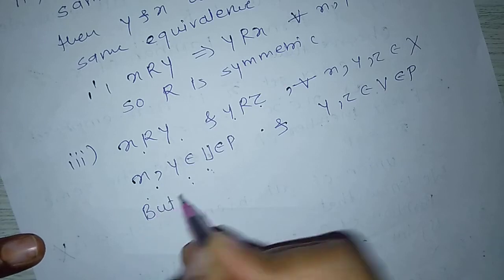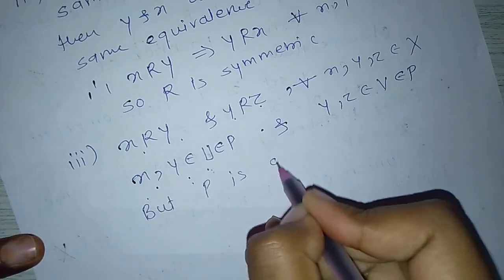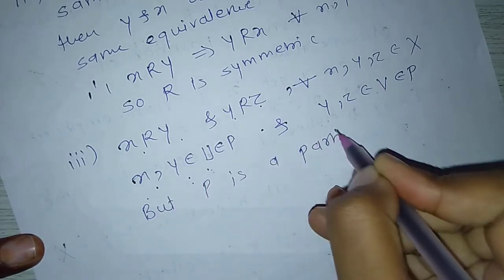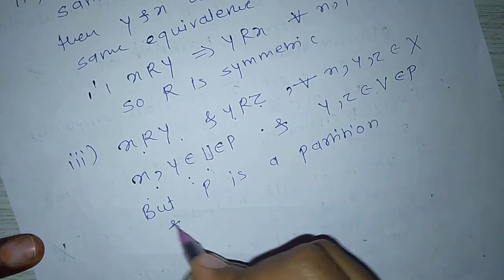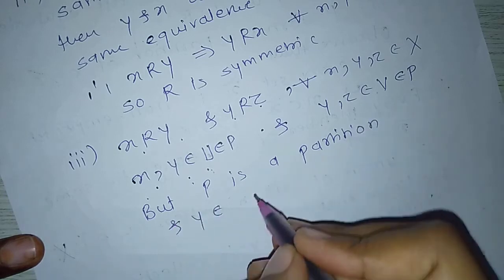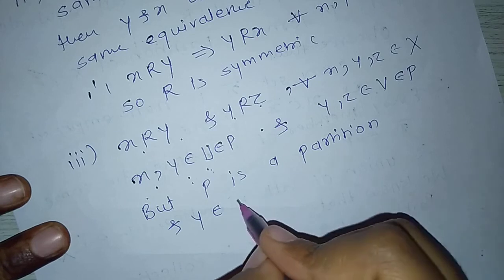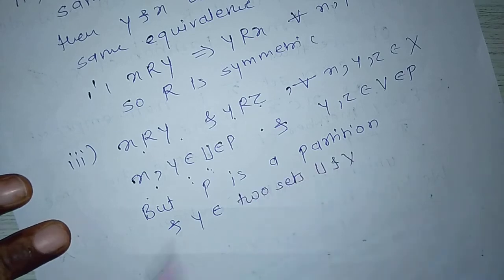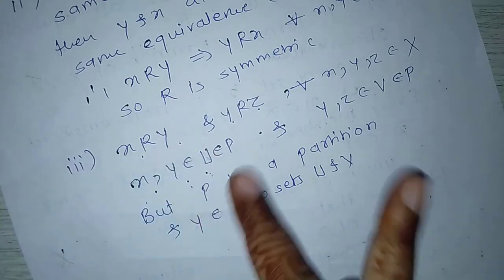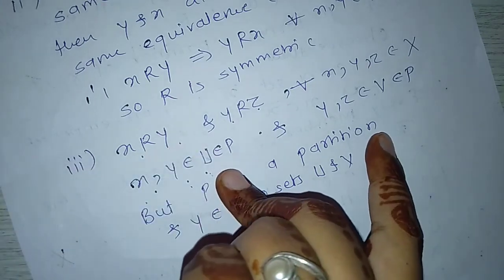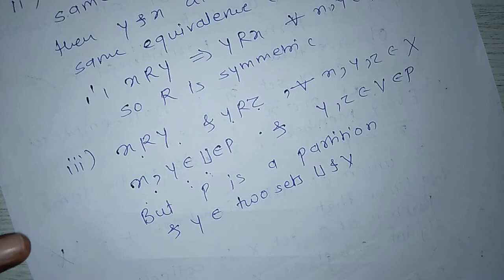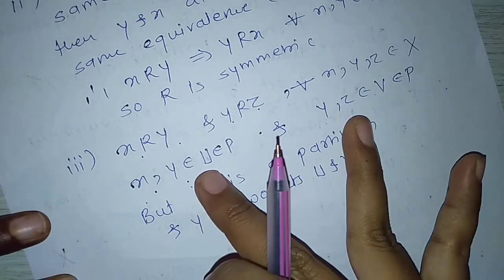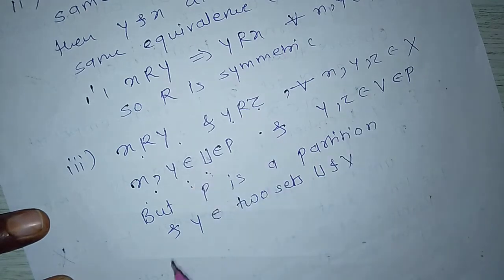But P is a partition, and y belongs to two sets U and V. In a partition, two sets U and V are either identical or disjoint. Disjoint means members of these two sets are not common.